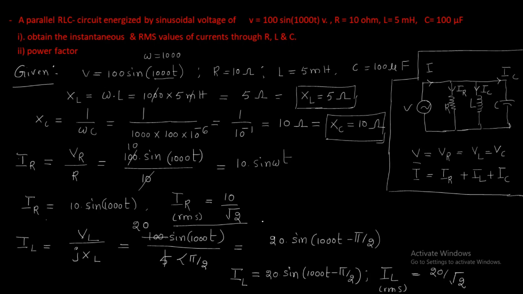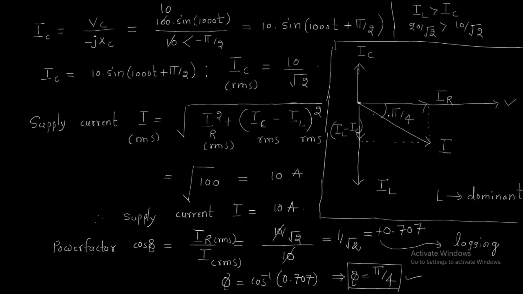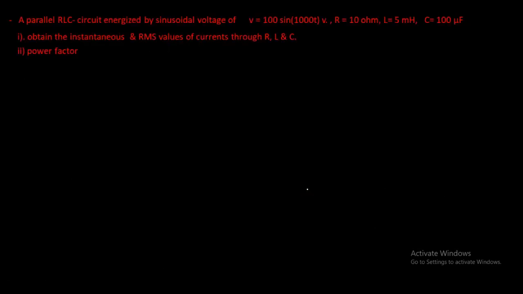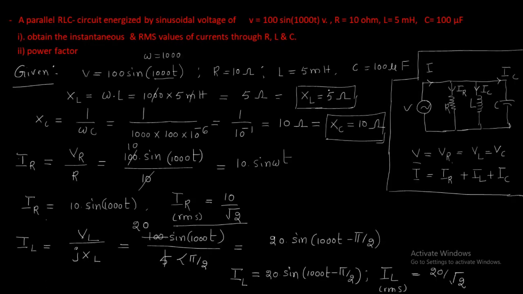Whenever the inductor is dominant, the power factor is lagging, which means the supply current is below and the angle is like this. Whenever the capacitor is dominant, automatically the supply current is leading. Okay, this is the problem regarding the RLC circuit. Thank you.